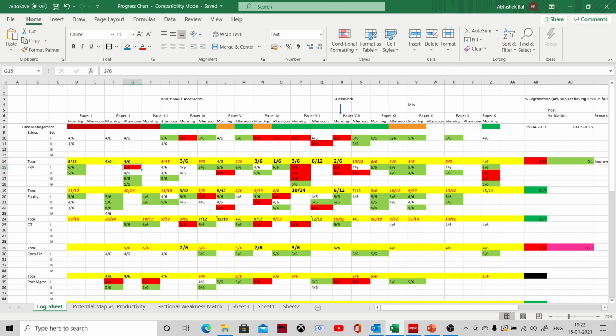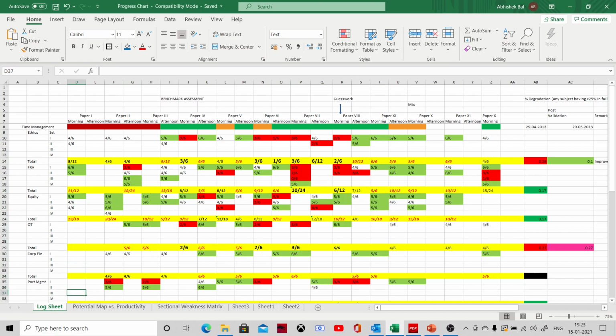Again, individually, if any of the item sets dipped to 50% or below, that has been highlighted in red. Okay, so this is fairly easy to understand. As before, the ones where I have scored better have been marked in red and italics, and the ones where I have scored poorly, 50% or even less than that, have been highlighted in bigger font. Okay. So that's how it has been.